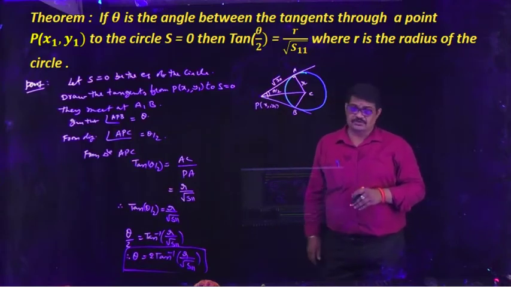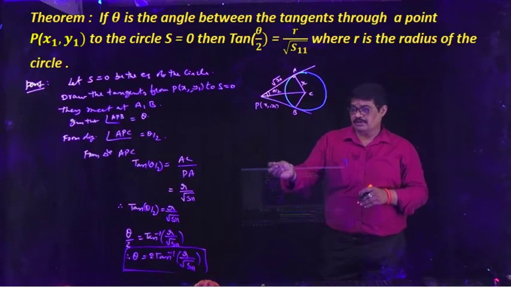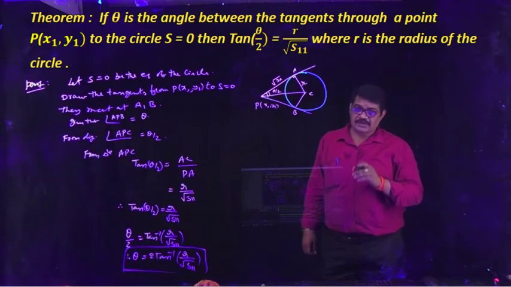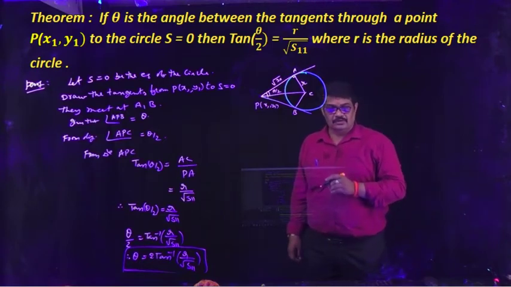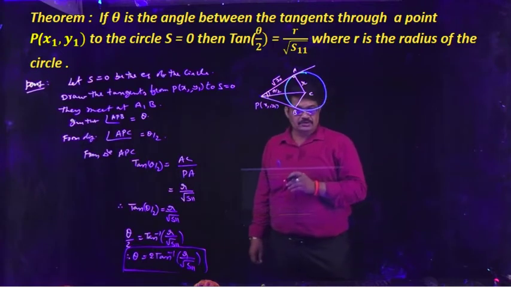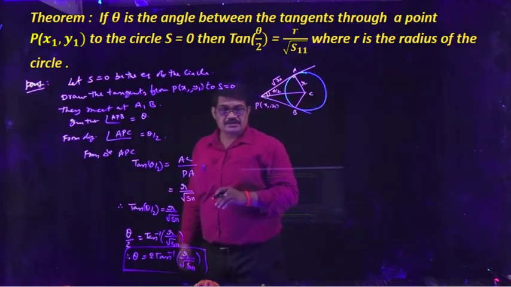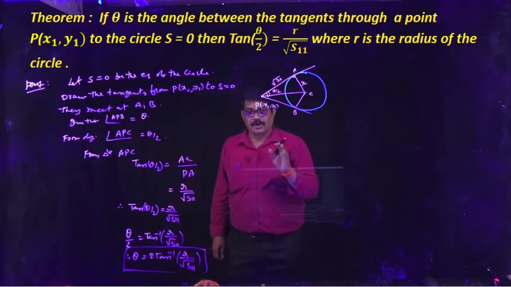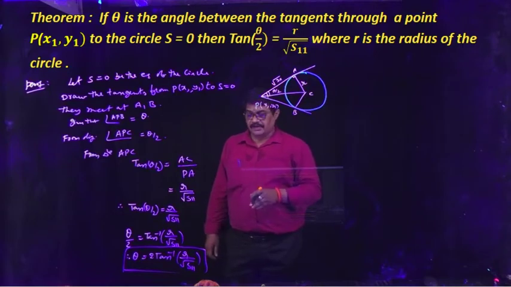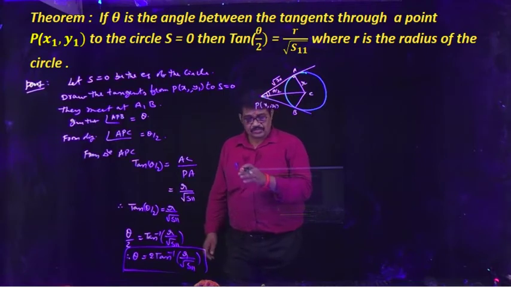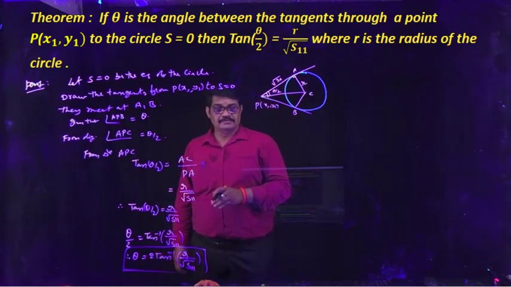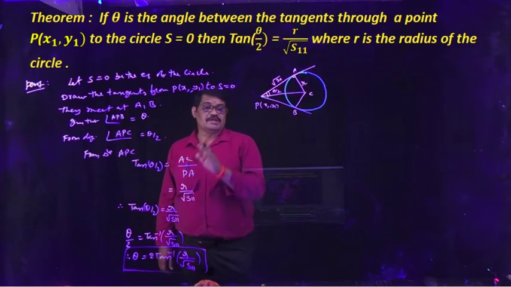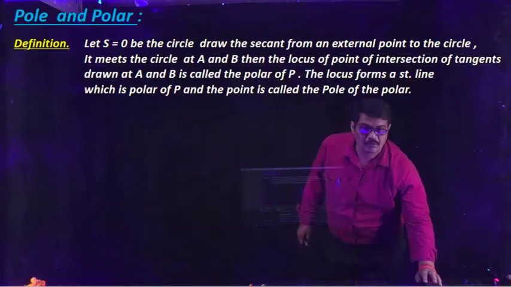We generally remember the theorem formula: tan theta by 2 is equal to R by root of S11, where R is the radius of the circle and root of S11 is the length of the tangent from the point to the circle. From that we get theta equal to 2 tan inverse of R by root of S11. This is how to find the angle between the pair of tangents from an external point to the circle.